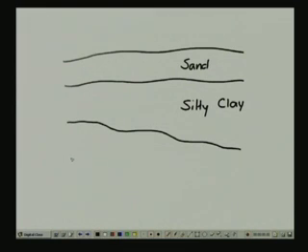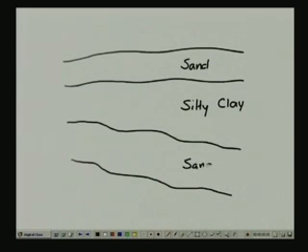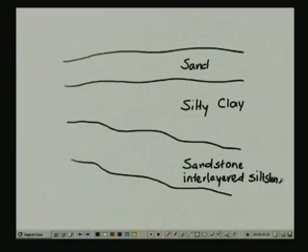Now underneath the silty clay there could be a sandstone bedrock, which could be interlayered with say siltstone, and underneath the sandstone layer there could be a siltstone layer.